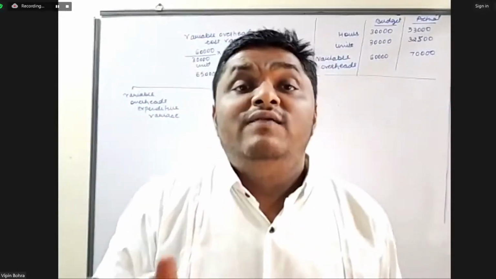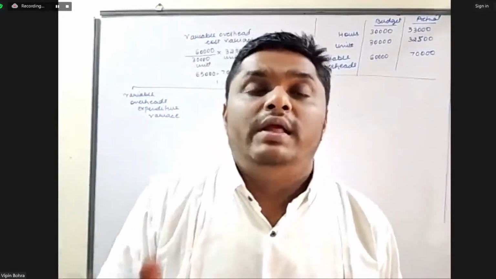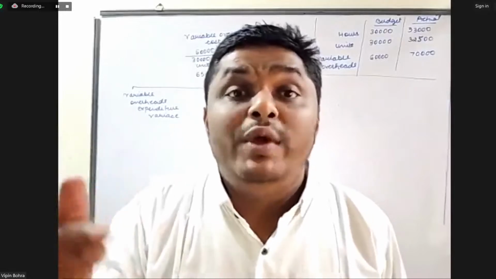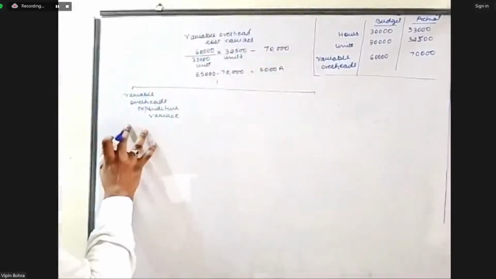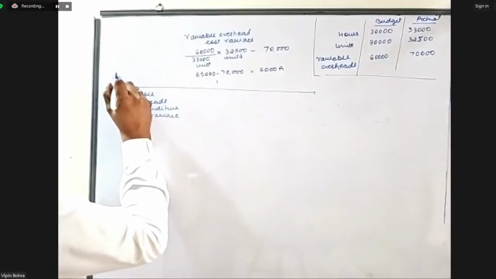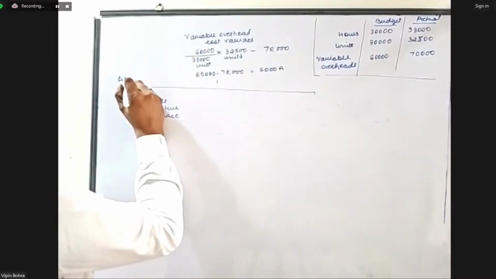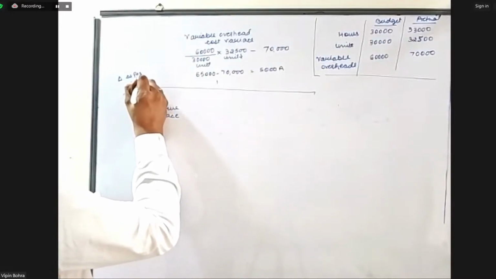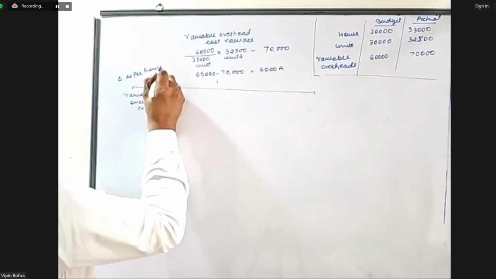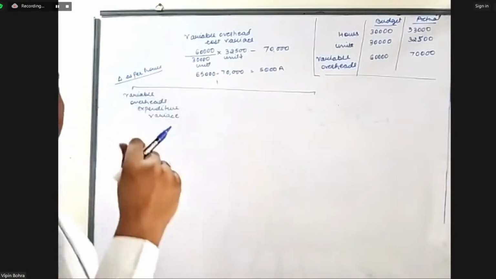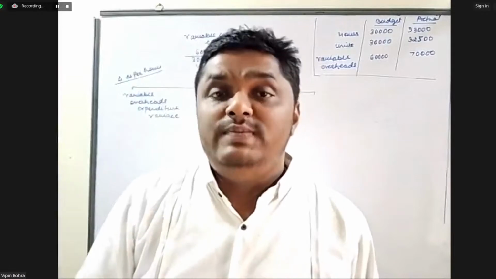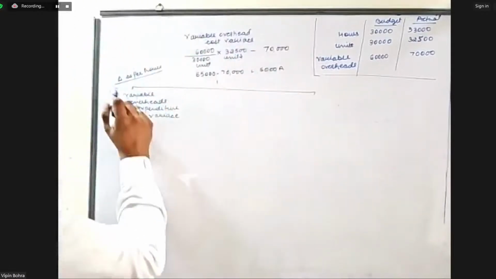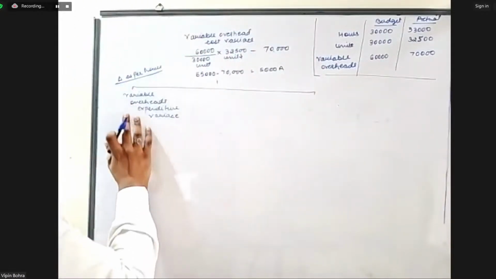But herein, we are calculating variable overhead, and the name itself says variable. It keeps on changing. So when talking about the expenditure variance, we'll assume that variable overheads are changing as per hours. Fixed overhead remains constant at all levels of production, but variable overheads keep on changing. So herein the variable overhead changes as per hours.